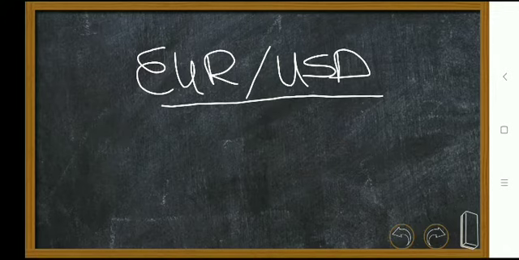So we have Euro USD and we have a price for this currency pair. But then, as I mentioned, we have buyers and we also have sellers. Not everyone will do the same thing. So this means there will be 2 prices to this currency pair.